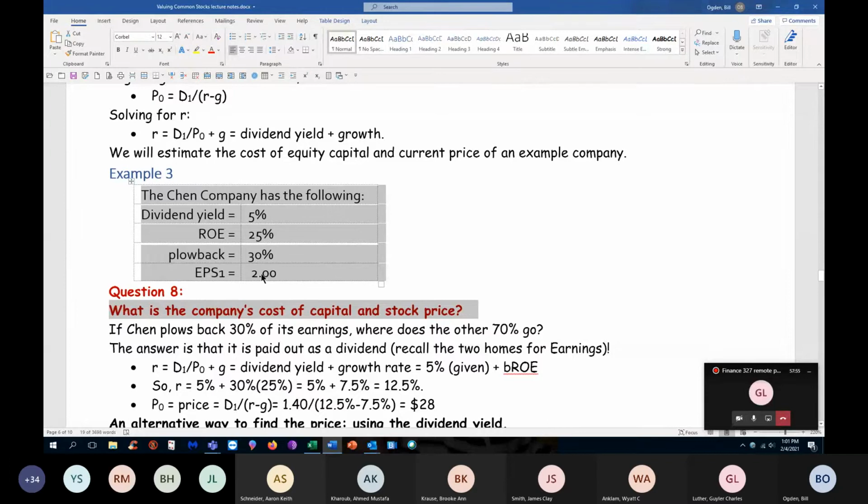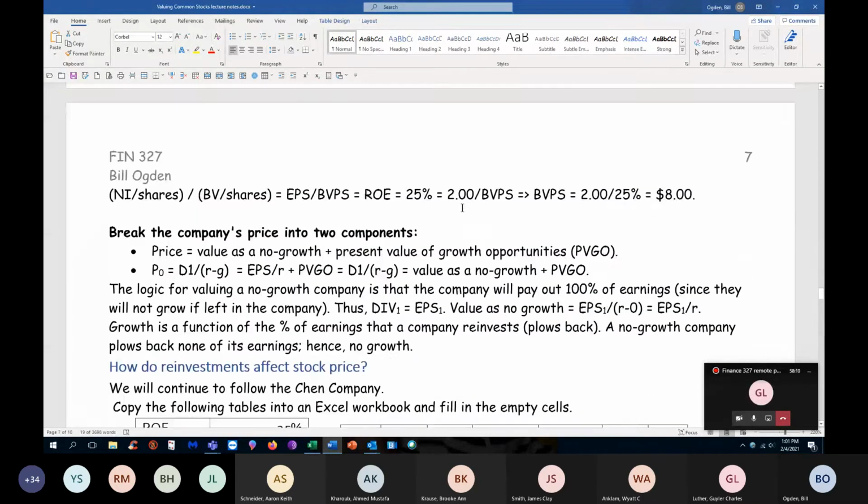So basically, $2 is 25% of some number. So basically, divide $2 by 25%, and you would get that it's $8 per share. So that's right here.